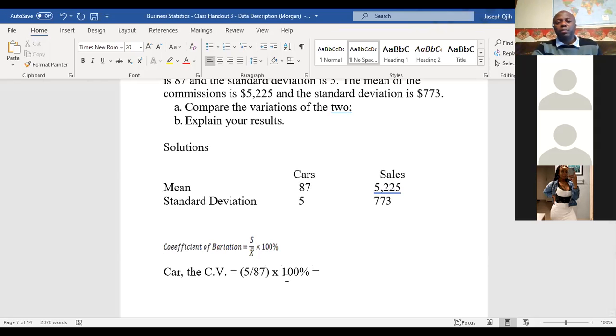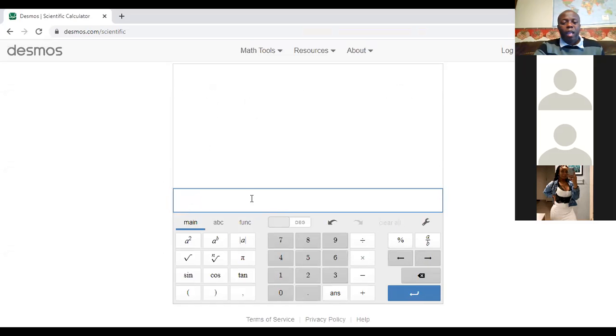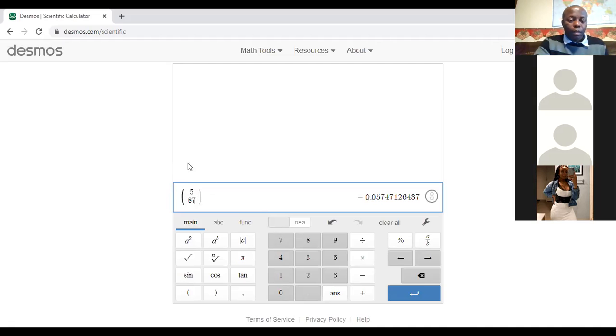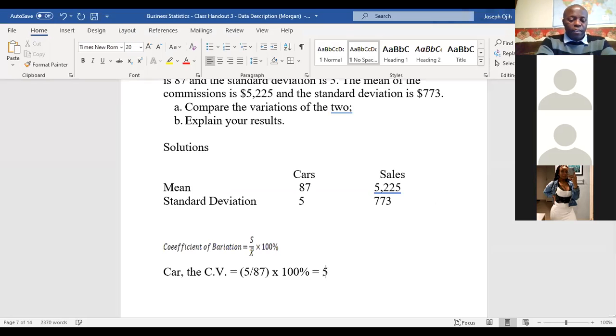We can get it from decimals right away. 5/87 times 100 is 5.75%. Now let us do the same thing for commission and see which one varies more.